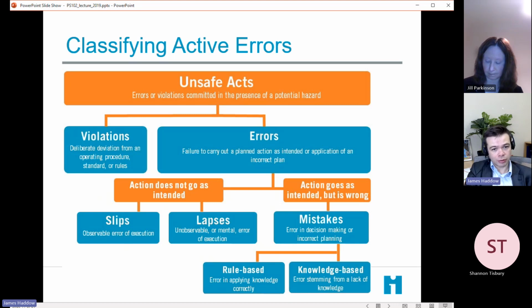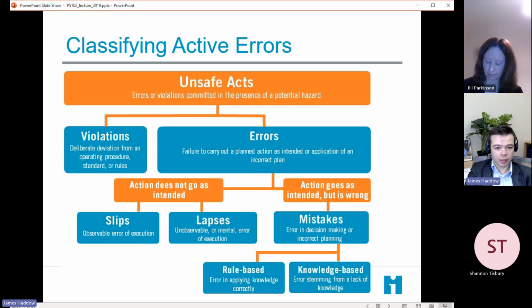Then on the other side, you've got errors. That's where you fail to carry out a planned action as intended, or you did the wrong thing. So that leads you to divide these errors into two main things. The action did not go as intended: you chose to do the right thing, but the execution was wrong, either due to a slip or a lapse, so a mental error or an execution error.